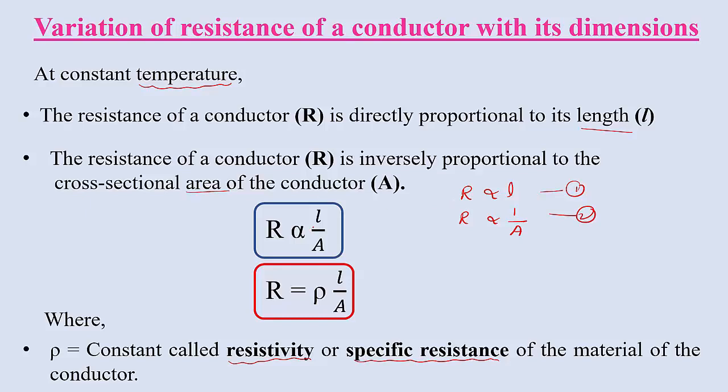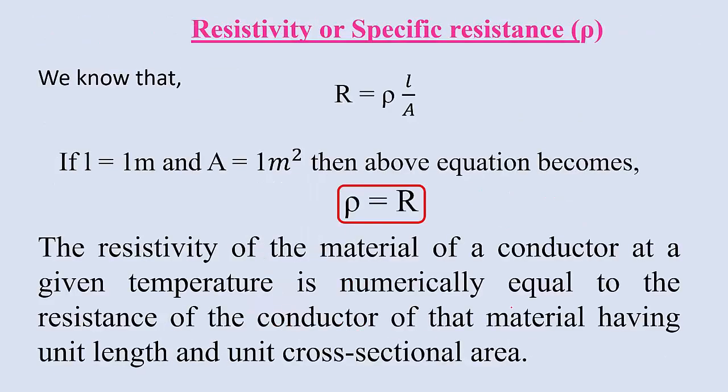R is proportional to L by A, or R equal to rho into L divided by A, where rho is the proportionality constant, called resistivity or specific resistance of the material of the conductor.